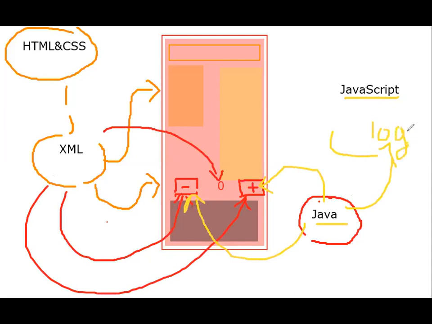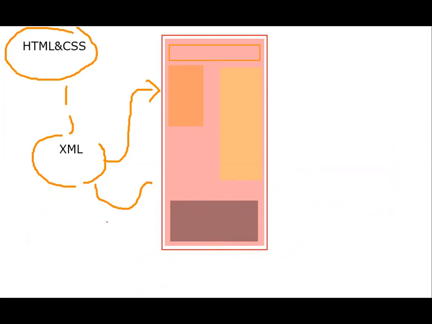Did you understand the topic? Yeah, I do. Do you have any question till here? No, I don't. So do you understand why we use Java and XML? The whole mobile app development course is about two languages. What are those? XML and Java.